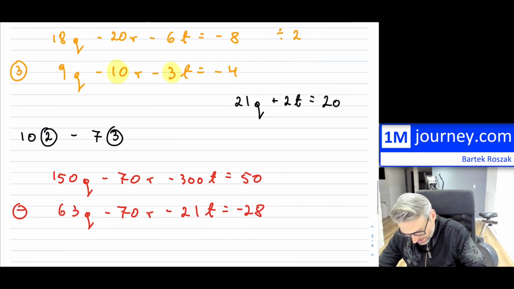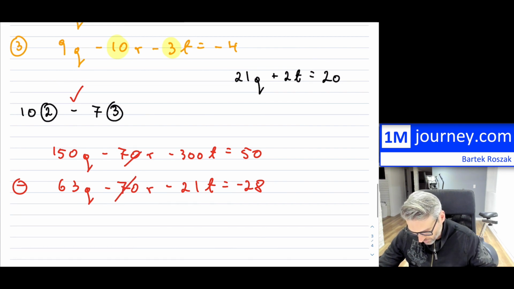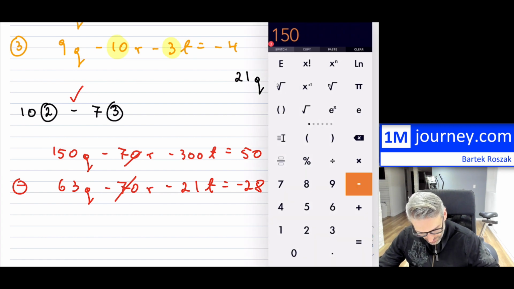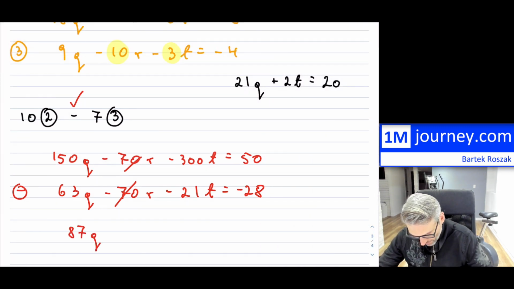Now subtracting them, I am indeed going to get rid of this. Now 150 minus 63, I should be able to do that in my head. 87. So 87q, the r is gone, and then I have negative 300t minus, so that's positive, so it's going to be minus 279t is equal to 78.